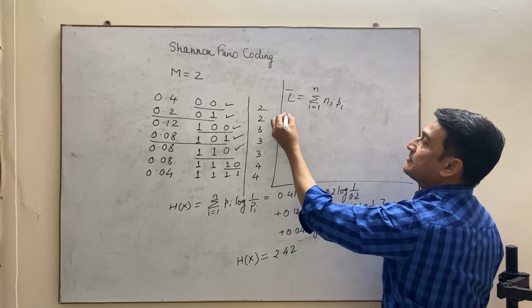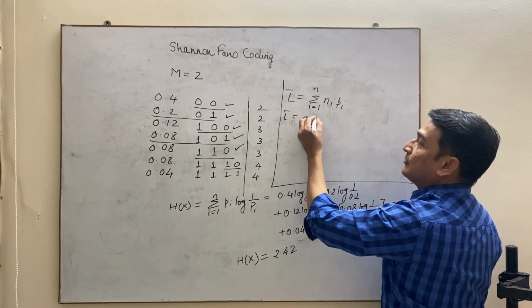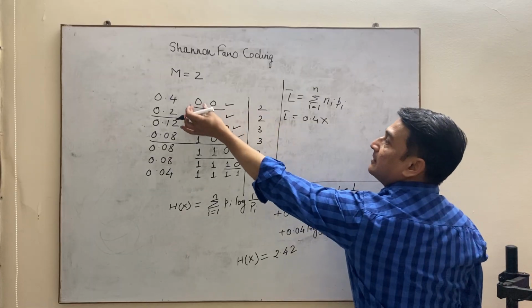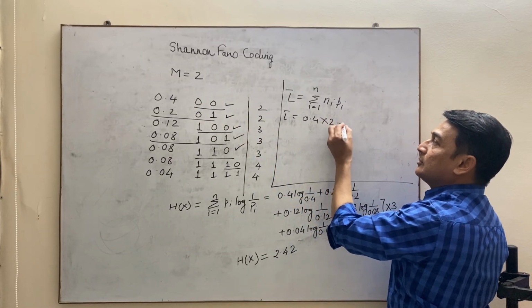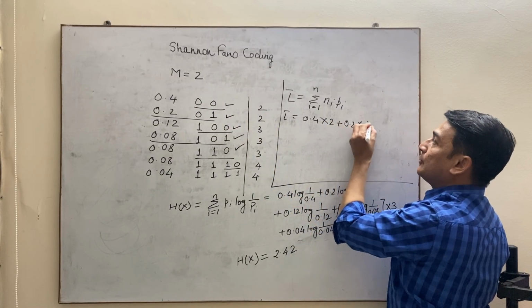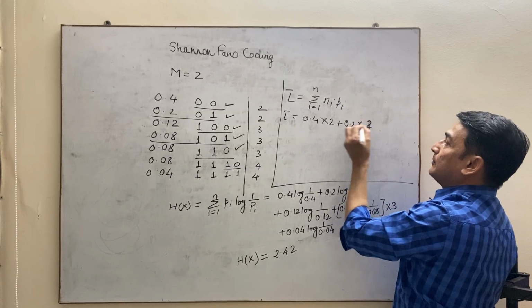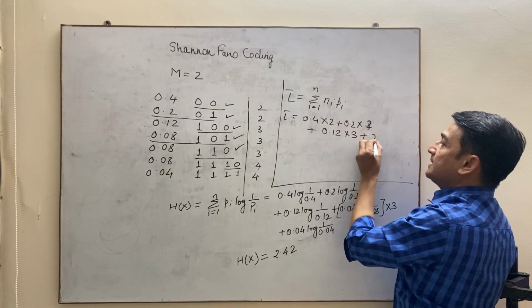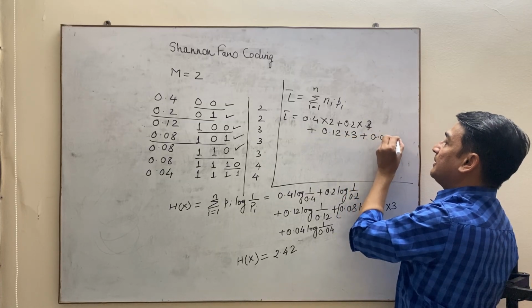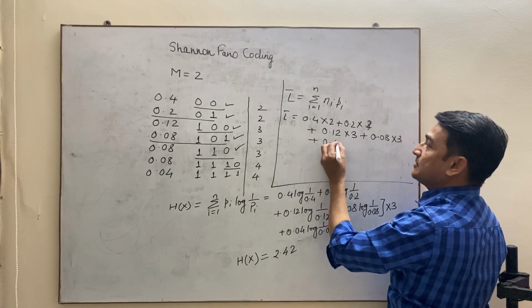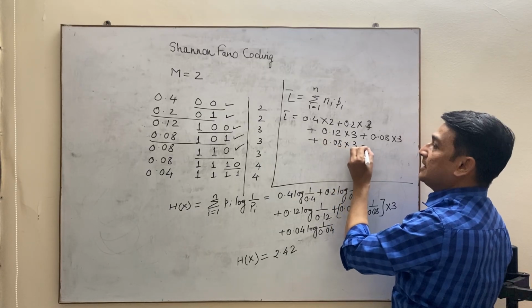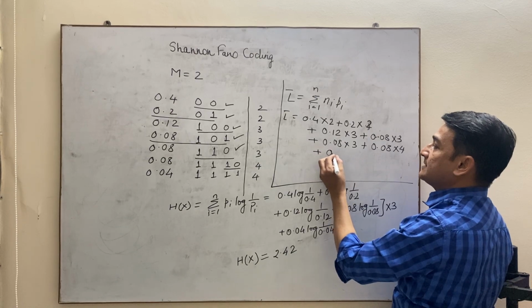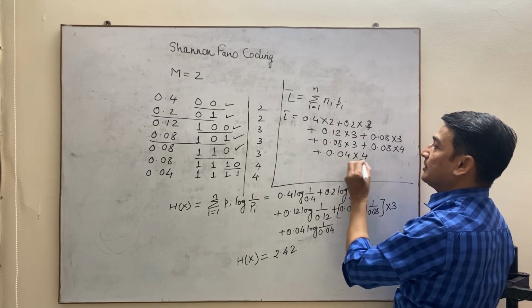We have 7 messages, so L bar would be 0.4, the first probability, and the length of this particular message is 2, so 0.4 into 2, plus 0.2 into 2, plus 0.12 into 3, plus 0.08 into 3, plus 0.08 into 3, plus 0.08 into 4, plus 0.04 into 4.